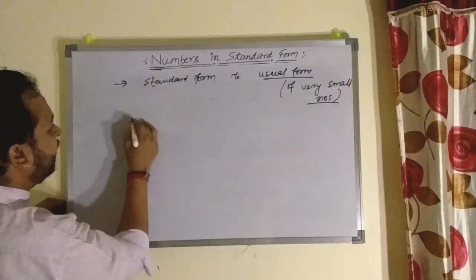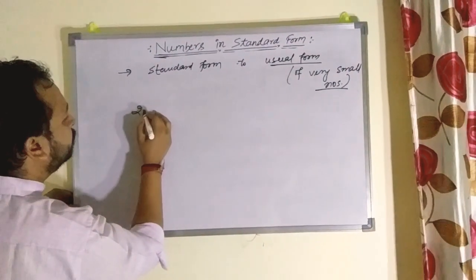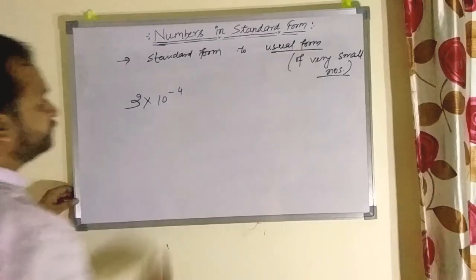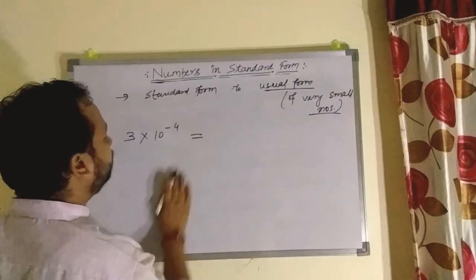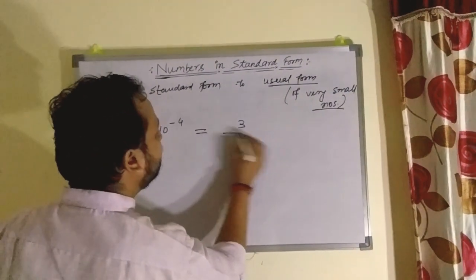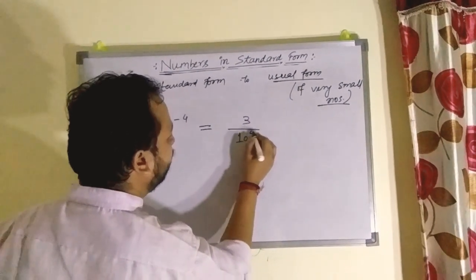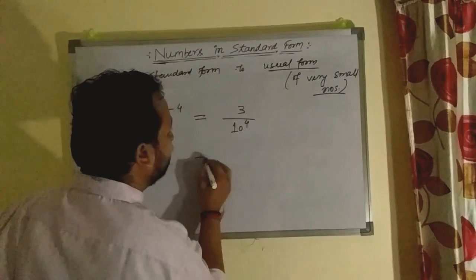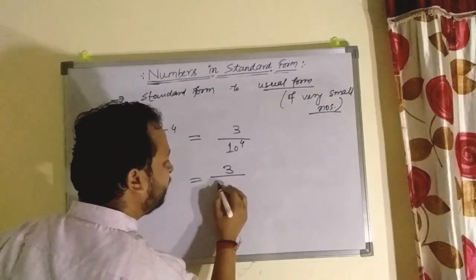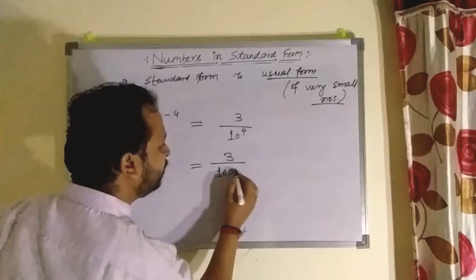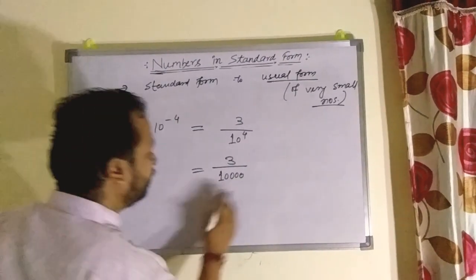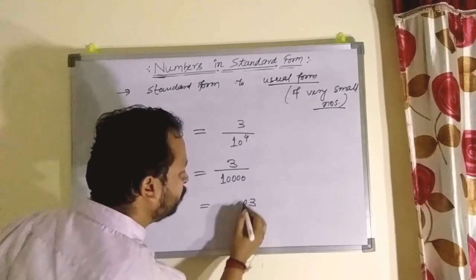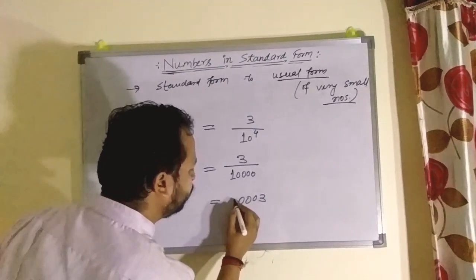Suppose a number is given as 3 into 10 to power minus 4. So 3 divided by 10 to power 4, the power converts to positive. Then 3 divided by 1 followed by 4 zeros.